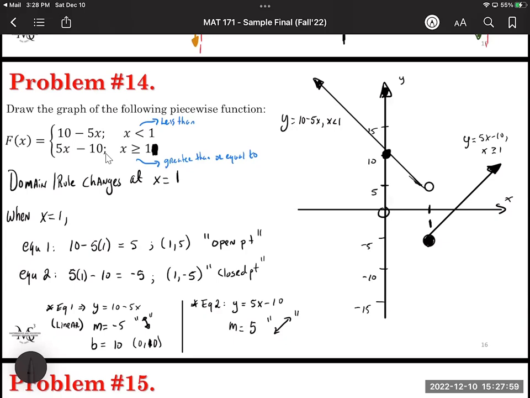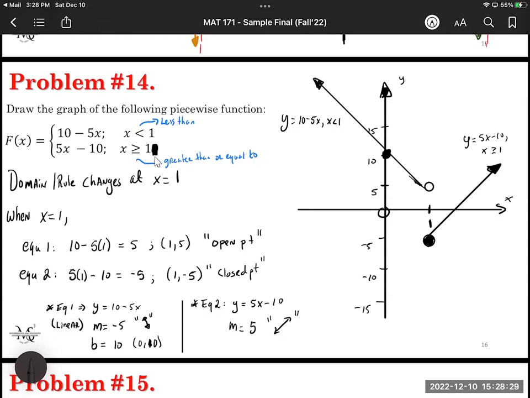Questions? Yeah, I have a question. For equation 2, why is the y-intercept not plotted at -10? Yes, it is -10, but why am I not plotting it? We're not plotting it because look at the second equation. Its domain is when x is greater than or equal to 1. If I want to plot a y-intercept for that equation, then I have to include x equals 0 in that domain.